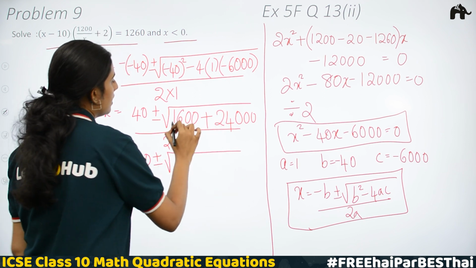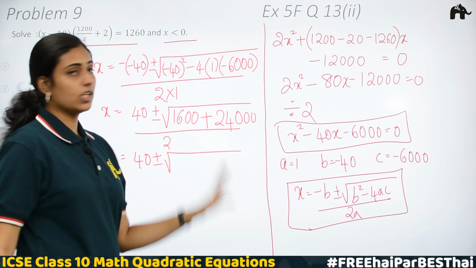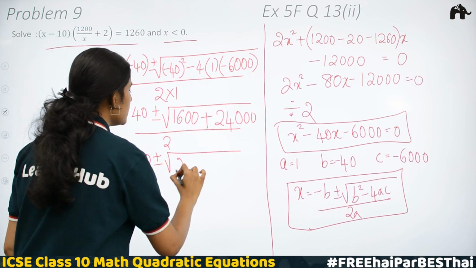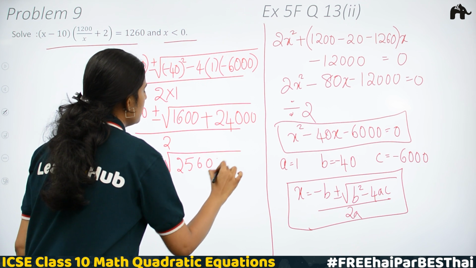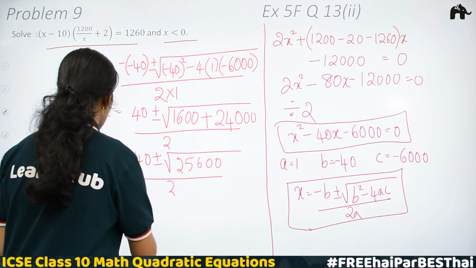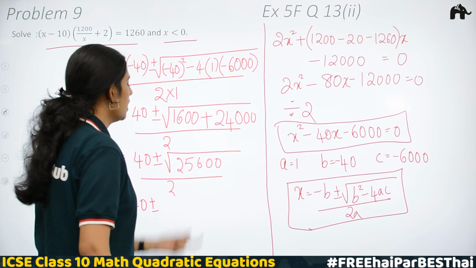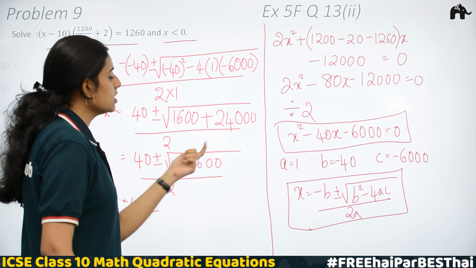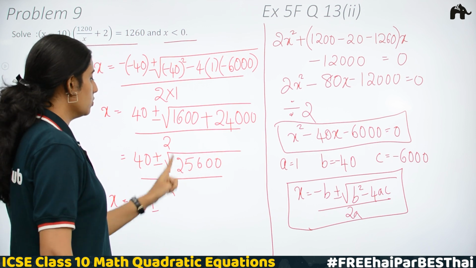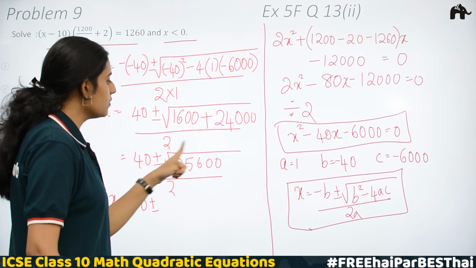Adding this, 1600 plus 24,000, you get 25,600. So x is equal to 40 plus or minus root of 25,600, divided by 2. 256 is a perfect square.